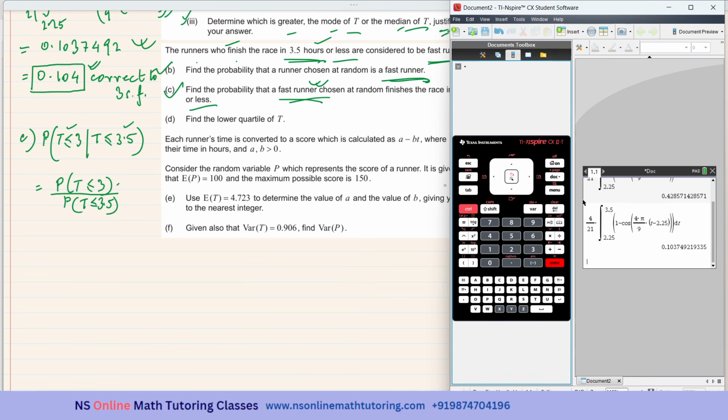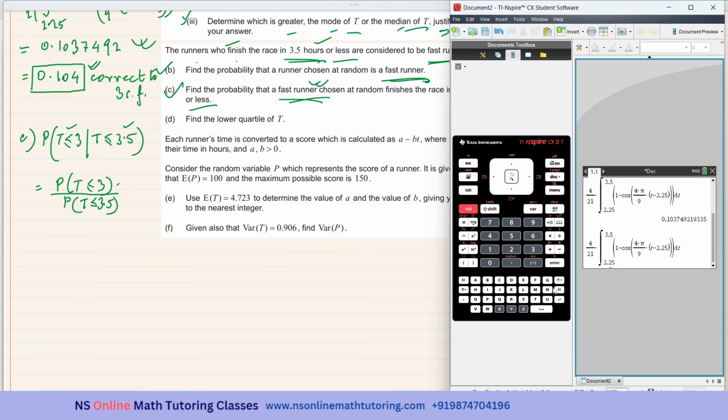Let me just try to copy paste. And the only thing that will be getting changed is this one. It is 2.25 to 3. This is the only part that will be changing. Every other part is the same. The expression is the same. So I come over here.